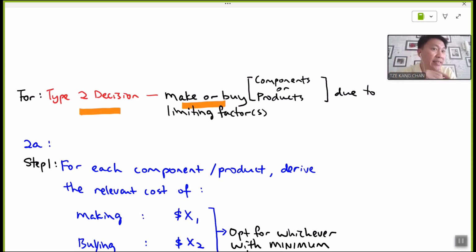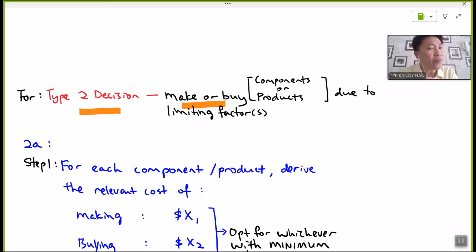In this decision, the situation that the company faces is that, with the presence of a limiting factor, the company will not be able to satisfy the production of all the products unless they obtain additional supply. In these circumstances, however, instead of obtaining additional supply of the limiting factor, we are thinking of, for those unfulfilled productions, are we able to outsource from an external party?